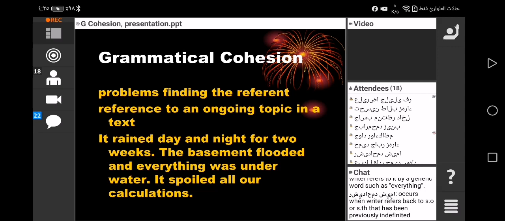Like this one. It rained day and night for 2 weeks, the basement flooded and everything was underwater. It has spoiled all our calculations. What does the second it refer to? What does it refer to?